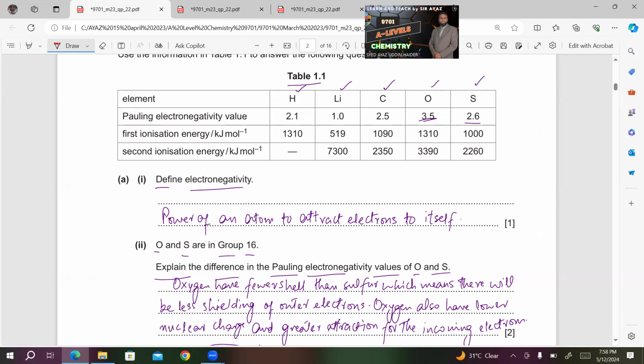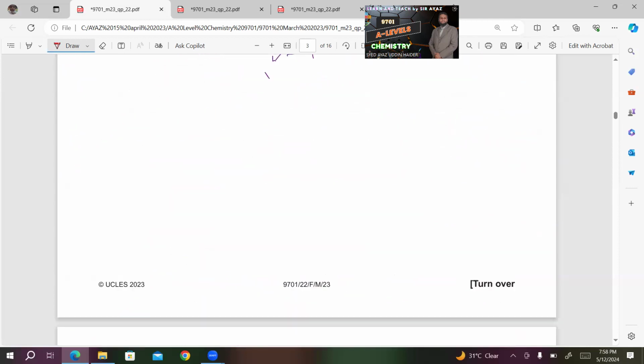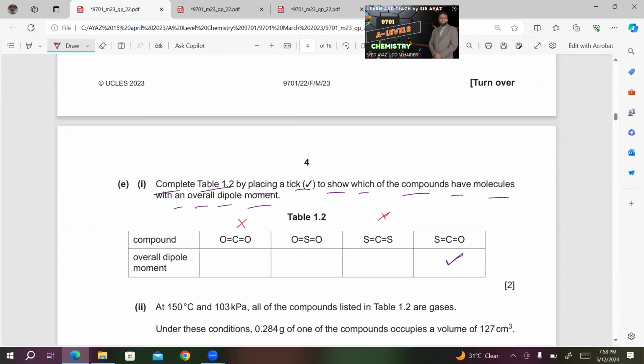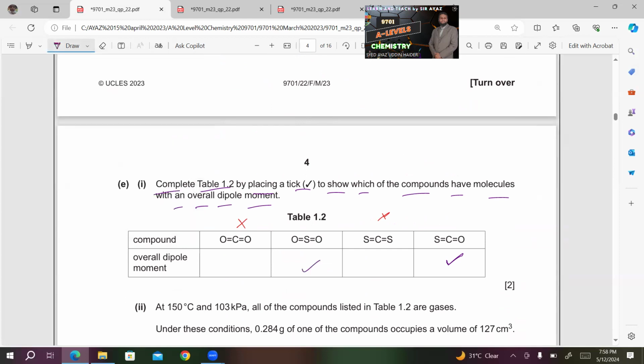If you look at the ionization energy of sulfur compared with oxygen, the ionization energy is very low, which means it's easier for sulfur to lose an electron, and for oxygen, it's very difficult to lose the first electron. And look at the second value. The second ionization energy of oxygen is much higher than that of sulfur. So there must be a dipole in the case of SO2. So you write tick here.